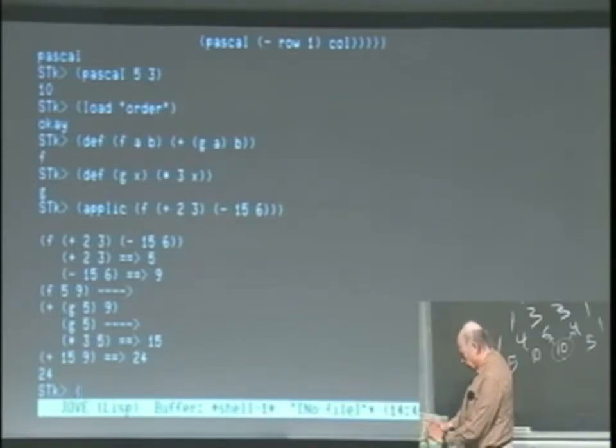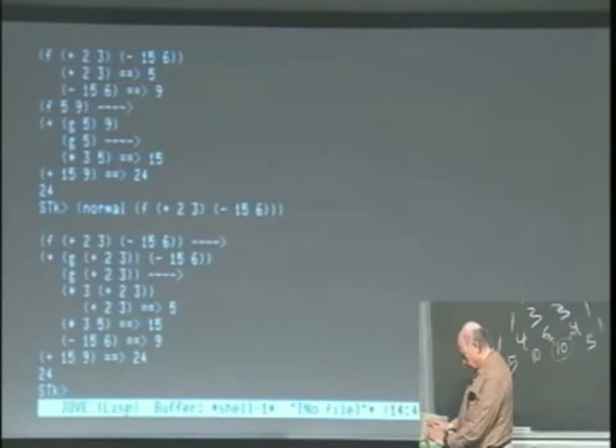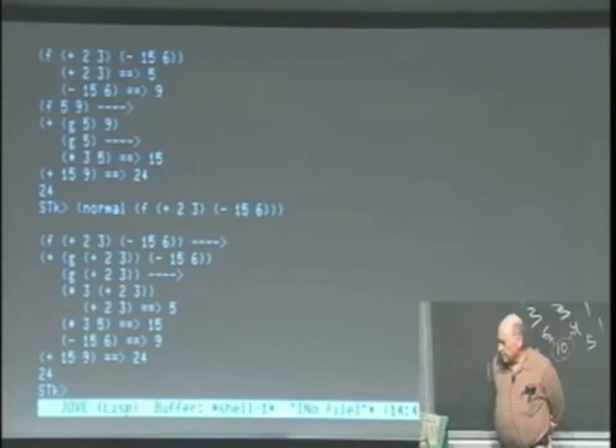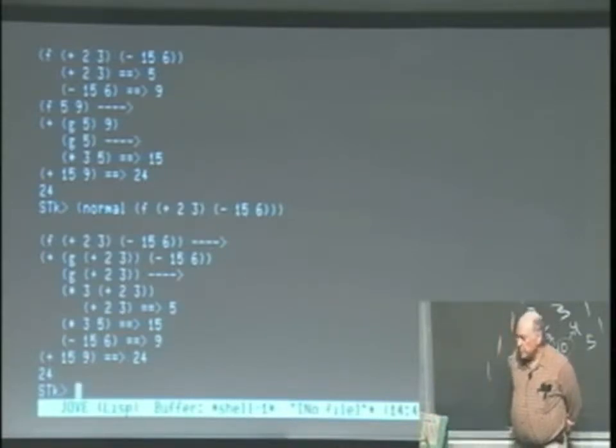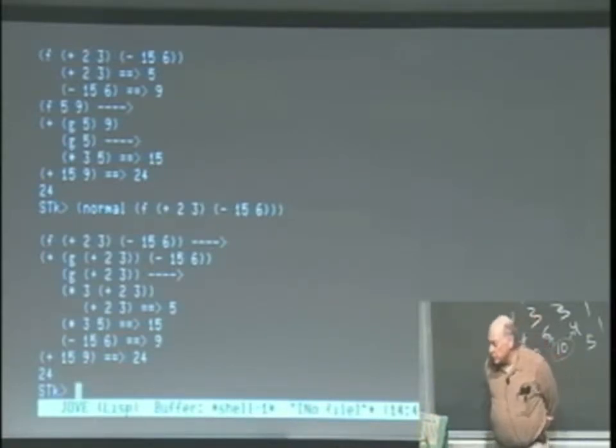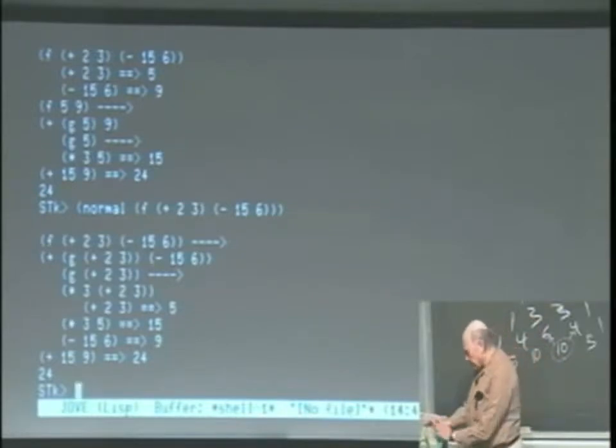Okay, now let's say normal f of (+ 2 3) (- 15 6). Okay, so look at the difference.